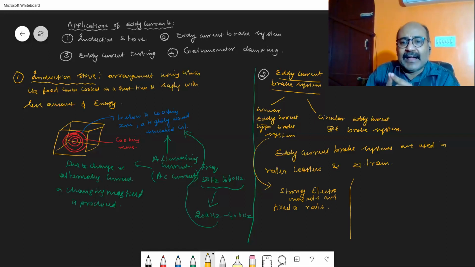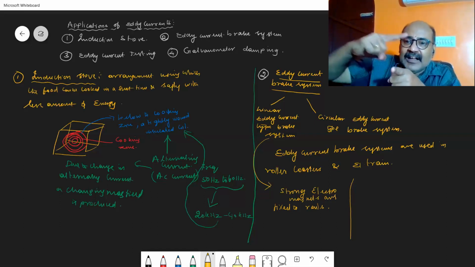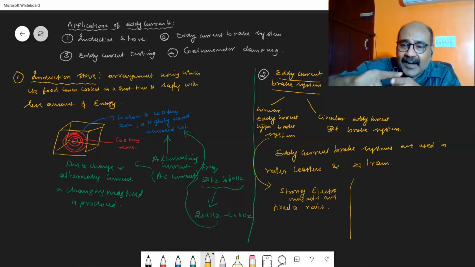Then if you want the object which is moving over the rail to be stopped, these electromagnets are supplied with a large amount of electrical current, so that the rails can produce a strong magnetic field. Over that magnetic field, if the wheel is rotating, the wheel, which has a particular area, will be linked with the flux.